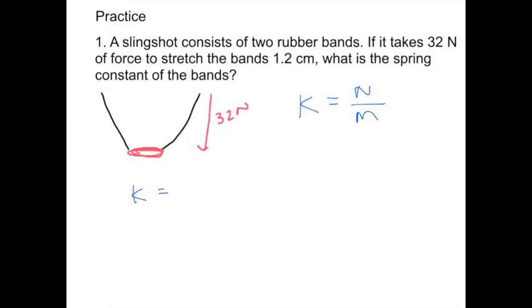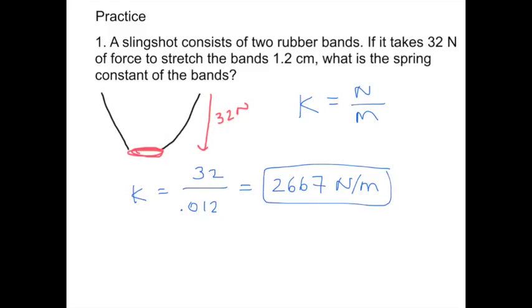We have 1.2 centimeters and 32 newtons, so put the newtons on top, that's 32, and then 1.2 centimeters needs to be converted to meters, that's 0.012 meters. If we do this division, we get that k is equal to about 2,667 newtons per meter. That's how much force is required to stretch the rubber bands.